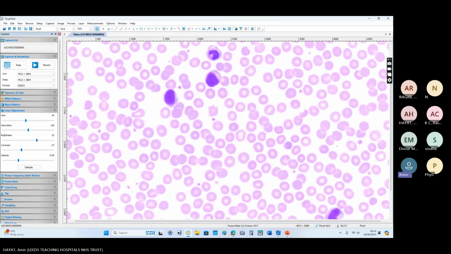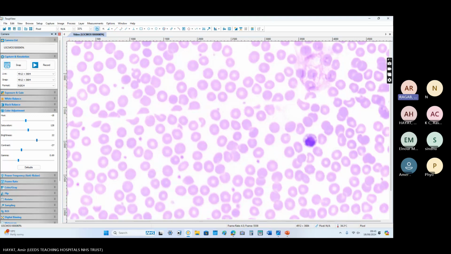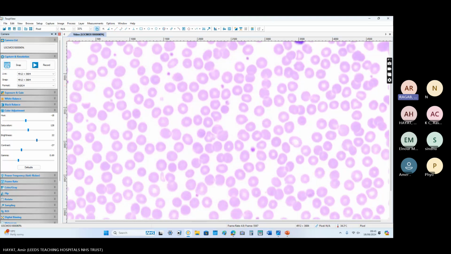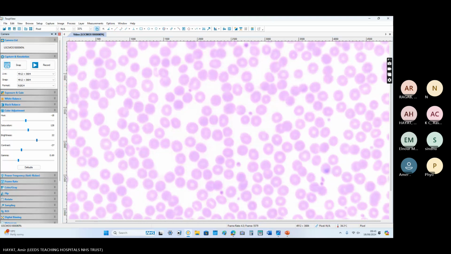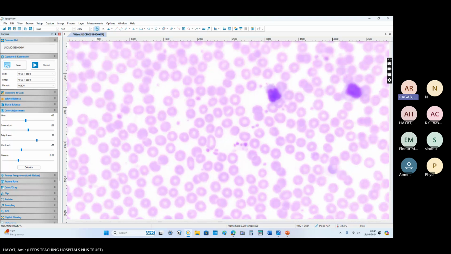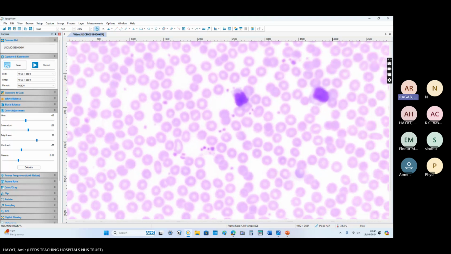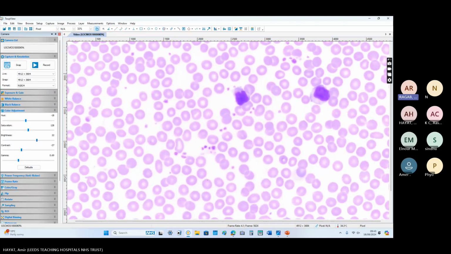So how would you report this blood film for the exam purpose? I didn't comment on the red cells and the platelets. The red cells seem relatively normal, there are a few echinocytes, and it seems like normal platelets.